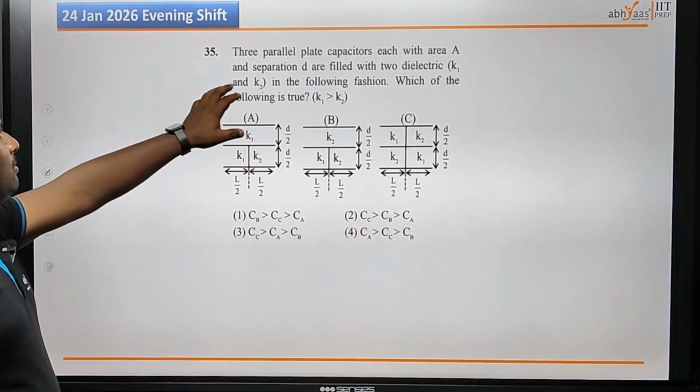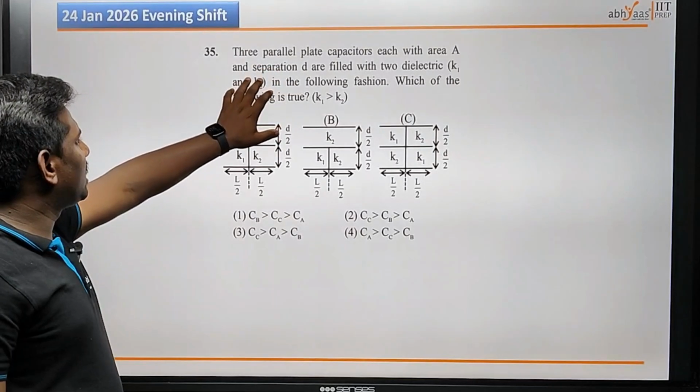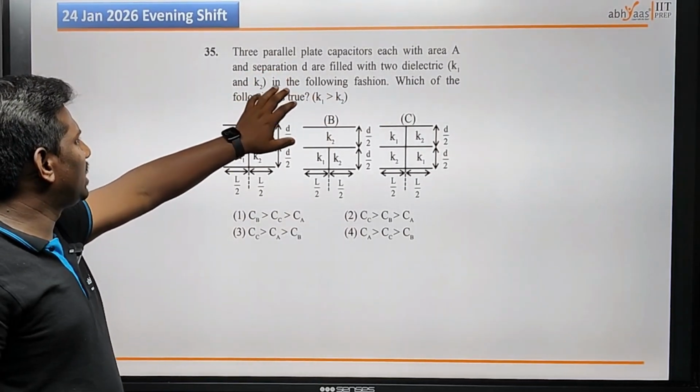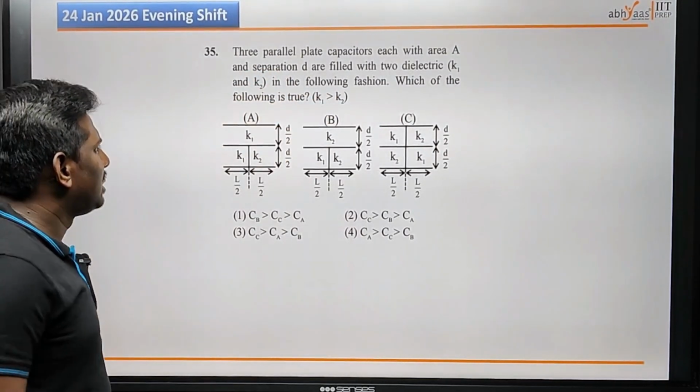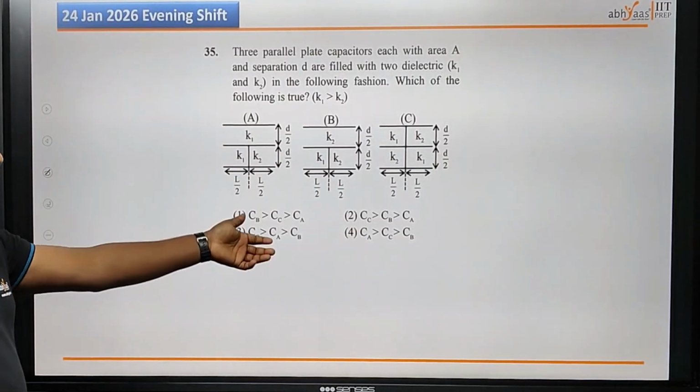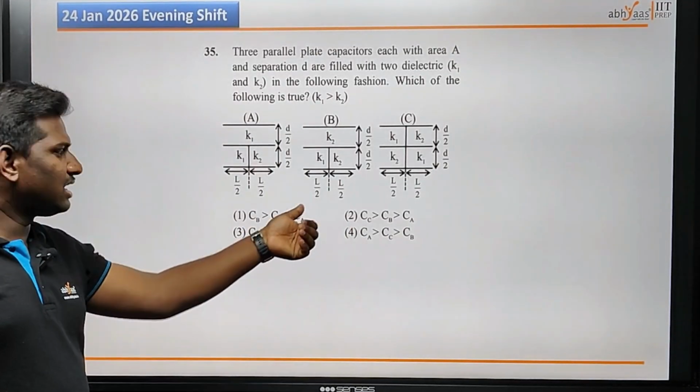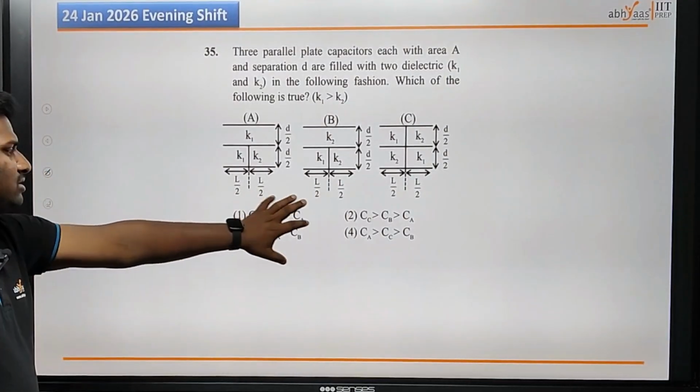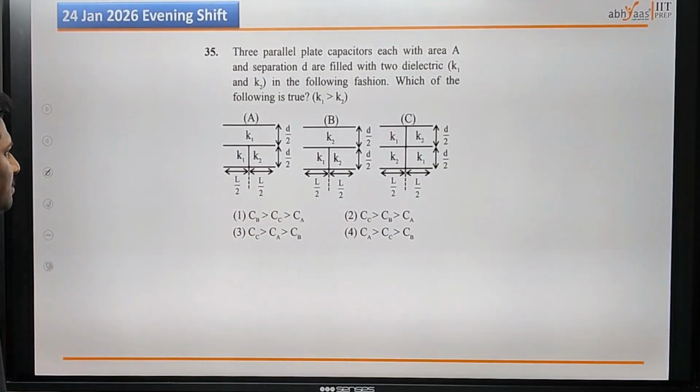So, 3 parallel plate capacitors are there, with area A and separation D, filled with 2 dielectrics of constants K1 and K2, where K1 is greater than K2. The capacitances are such that B is greater than C and C is greater than A. These are the conditions. First you have to find the capacitance.